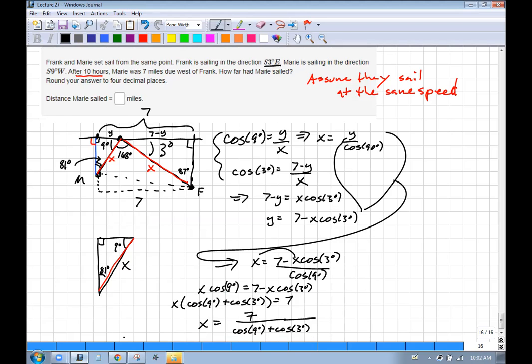What is this? This is the homework. So let's try it out. See if we get it right. 7 divided by cosine of 9 plus cosine of 3. I'm getting 3.52.